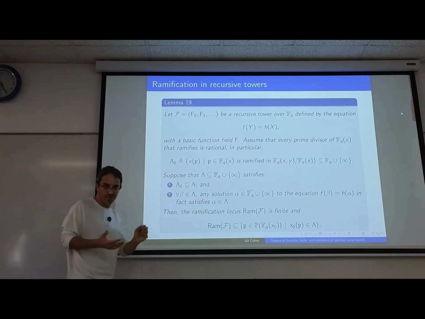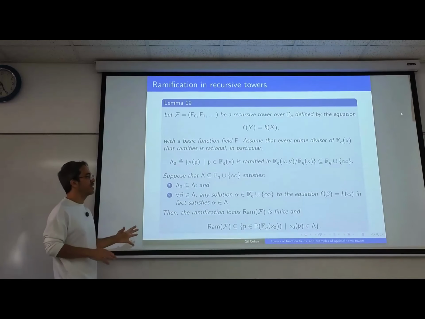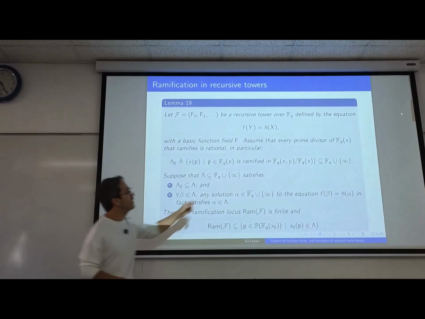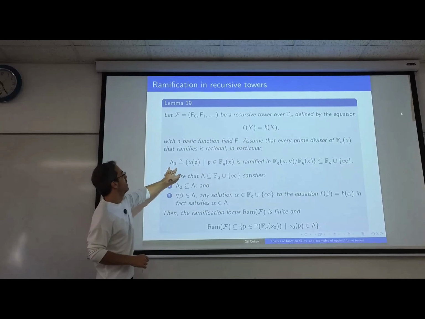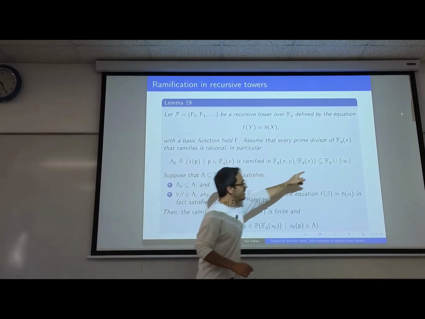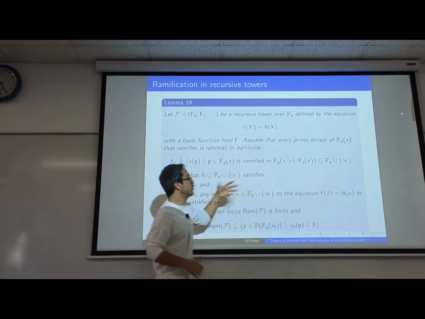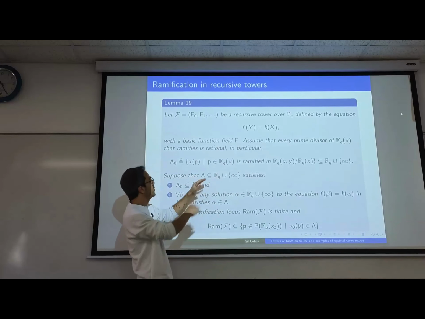It's not always the case, but here in our example, it's going to be the case. So I'm assuming that this set lambda consists only of rational places and infinity, which is also rational.